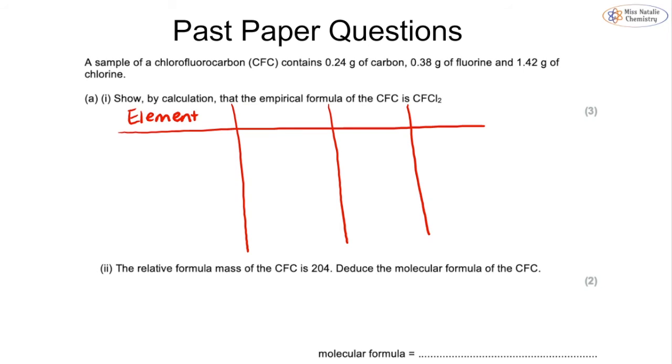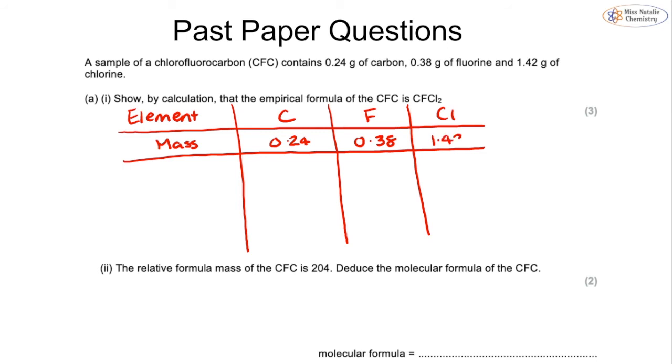So we've got our carbon, our fluorine, and our chlorine. So the first thing is the mass. So we have 0.24, 0.38, and 1.42. I then have the atomic masses for each of these, which is 12, 19, and 35.5.